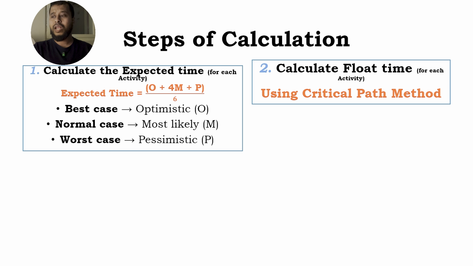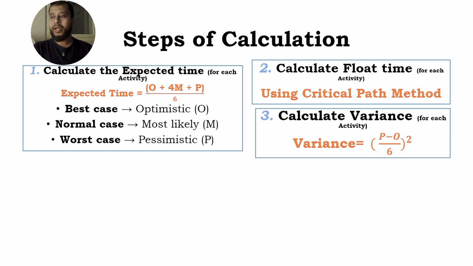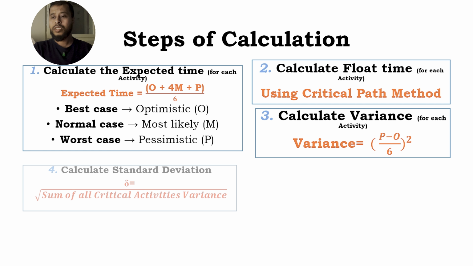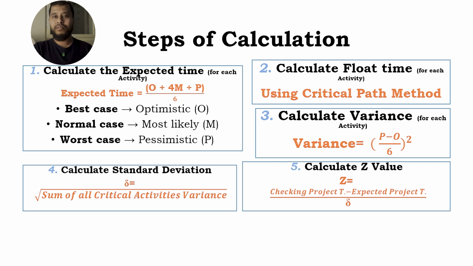Then we will calculate the variance for each activity, which is pessimistic time minus optimistic time, divided by 6, squared. Step 4, we will calculate standard deviation. It is actually the square root of the sum of the critical activity variances. On step 5, we will calculate the Z value.